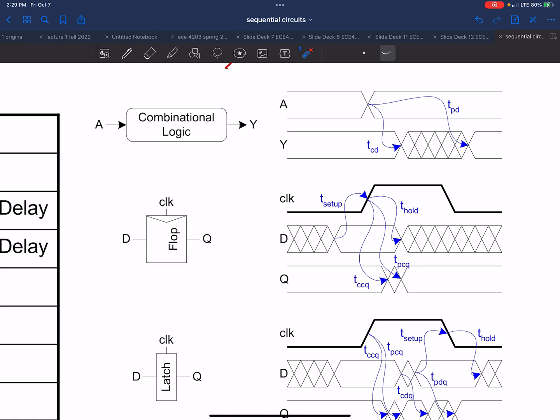So to get some certainty, I put a rule on this particular flip-flop: you better stop whatever you're doing a certain amount of time before this edge, to make sure I get a stable grab of whatever this value is. And that's called the setup time. Okay?